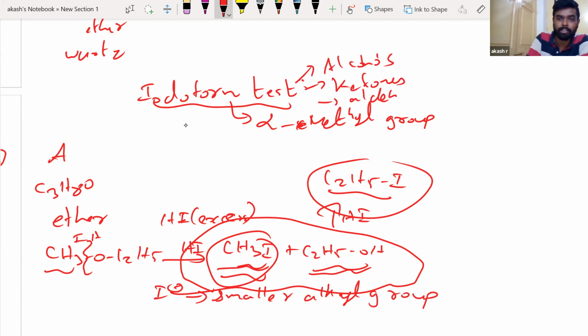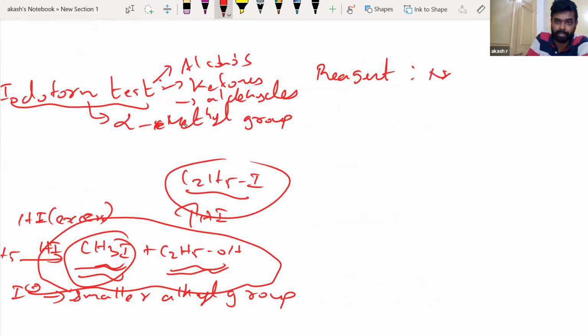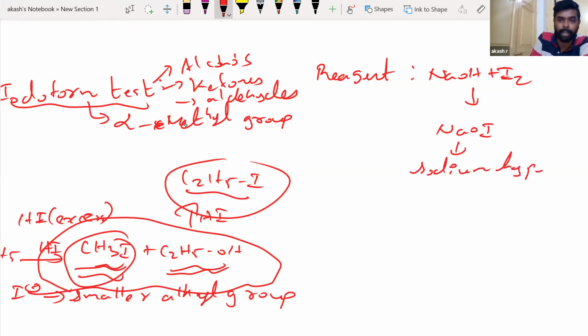Now if you ask me, sir, what is the reagent used? The reagent used is NaOH in the presence of I2. Okay, NaOH plus I2, and I know this is going to form NaOI. This is my sodium hypohalide, hypoiodide in this case.